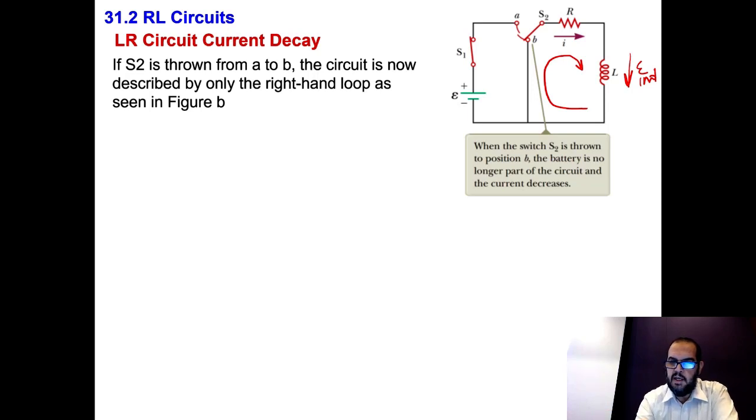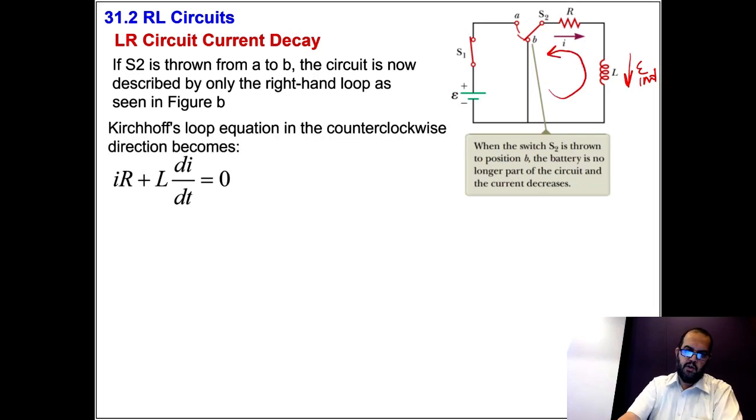Let's take it counterclockwise so that we avoid confusion. If we write Kirchhoff's loop equation, it's going to be plus IR, because we're going up in the direction opposed to the current direction.